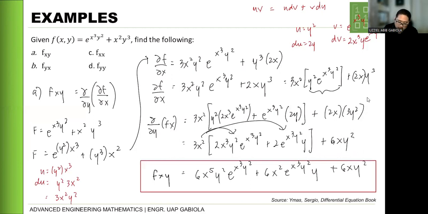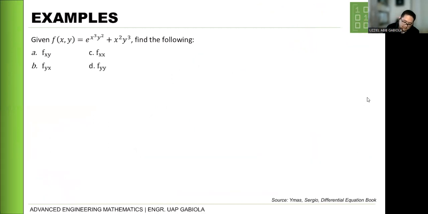Then for the next question, fyx. That is just saying the partial derivative of our function with respect to y, and then we take the partial with respect to x. It should be equal to our letter A, but we have to prove that.